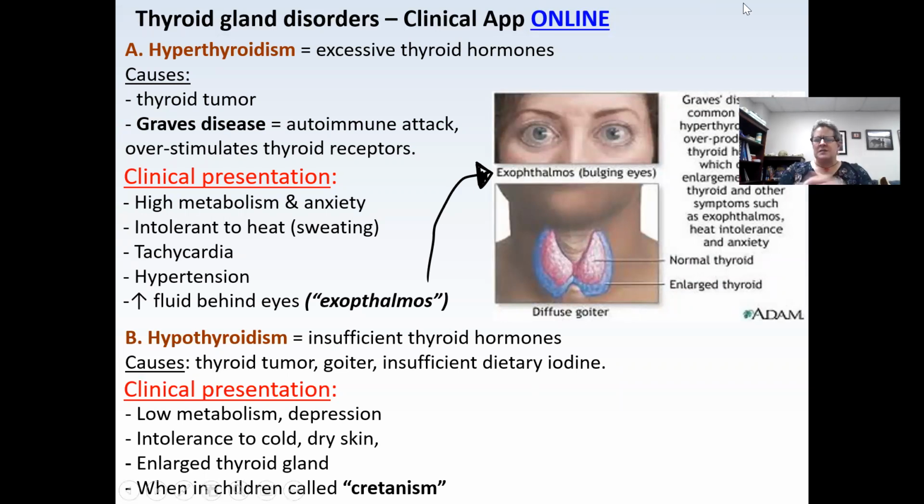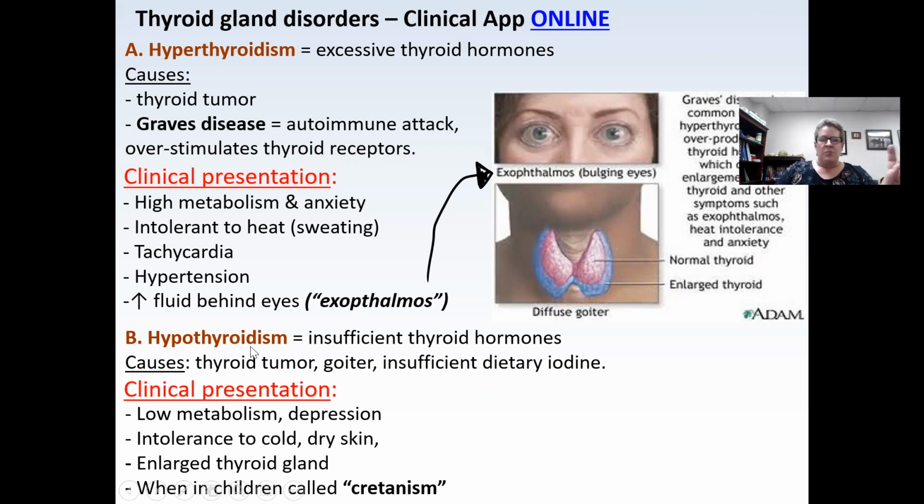Okay, so how is it that someone who has hyperthyroidism, like Graves' disease, and hypothyroidism both could present with a goiter or an enlarged thyroid gland? Well, in the case of Graves' disease, up here, it's because antibodies are overstimulating the thyroid gland and it responds by proliferating or growing.